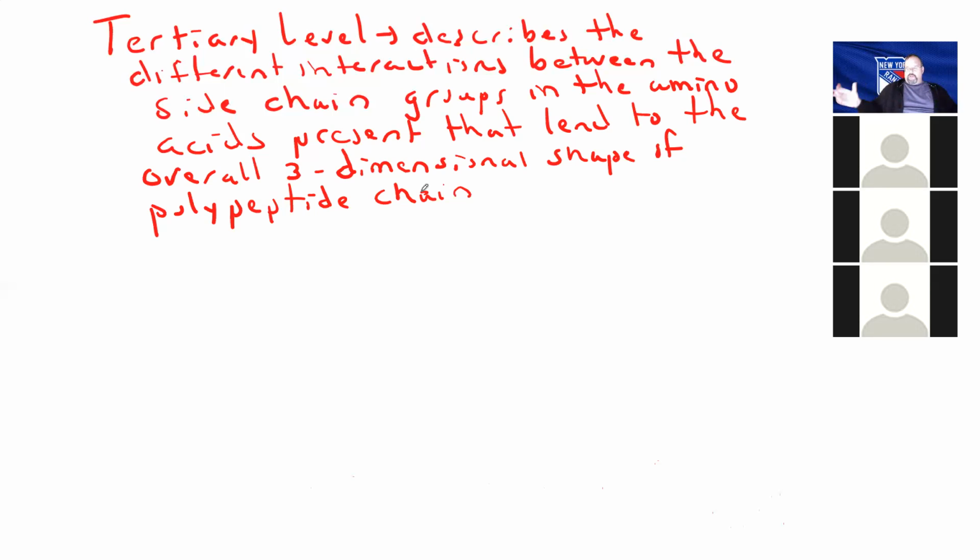Now, usually there's no words to describe accurately what that three-dimensional shape is, because there's so many twists and turns that go along the way. But the reason why you have all those twists and turns, and why whatever shape that polypeptide chain has what it has, is because of the different interactions that you have between the side chain groups in the amino acids present. All right. Now, what I want to do here, I think, would be to do an example.